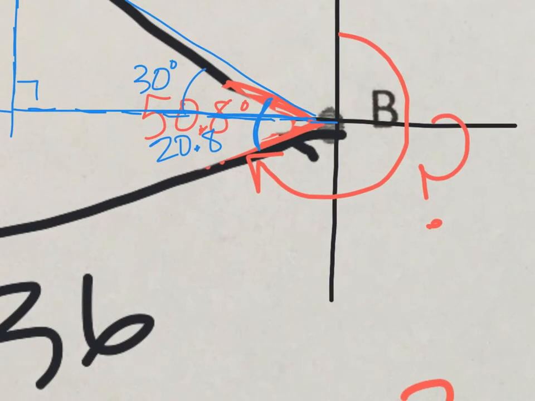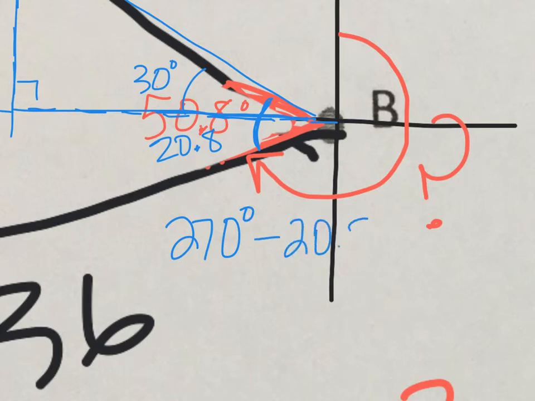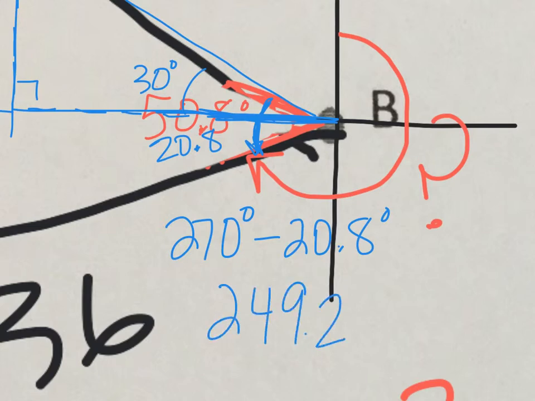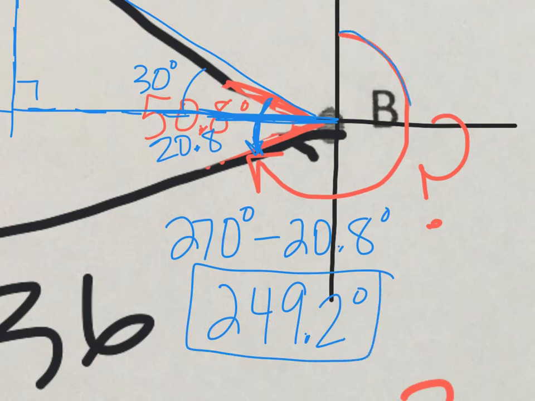Okay, so if we want to figure out this much, we can do two different things. We can subtract it from 270, right, because this is the 270 line here, and we are coming short of 270 to get 249.2 degrees. Okay, so everything around from north all the way around to here is 249.2.